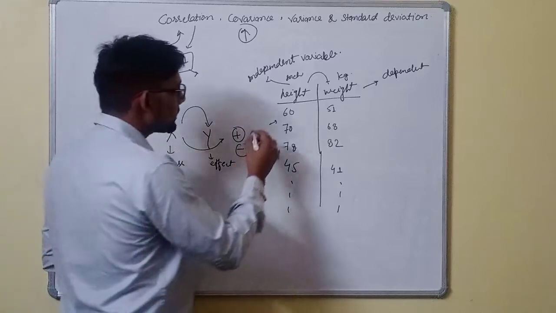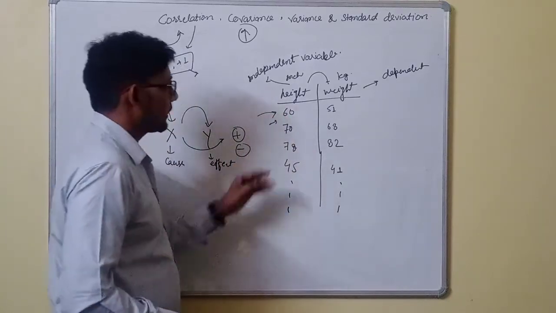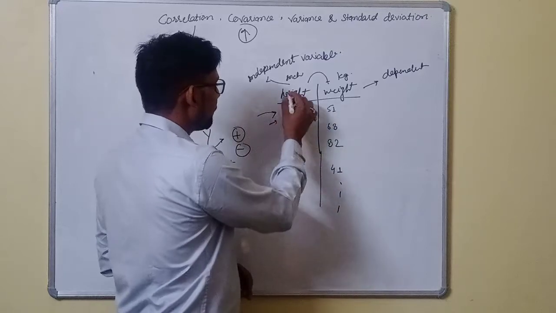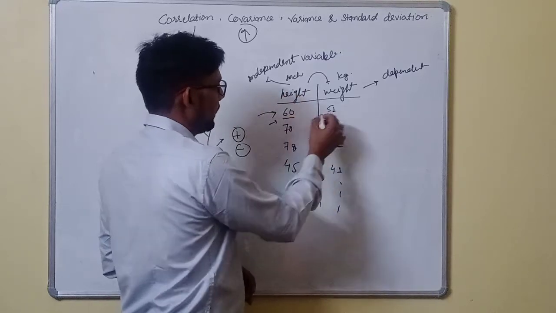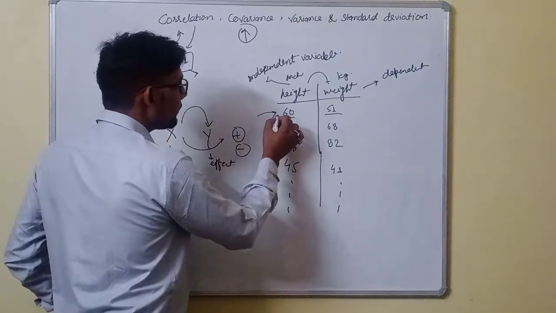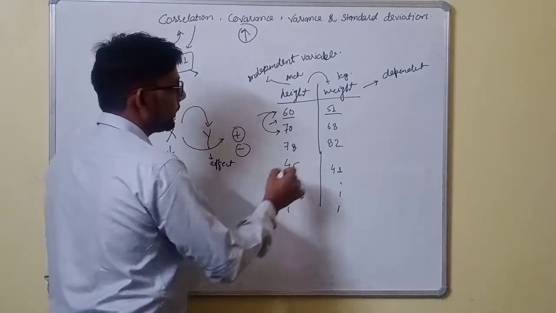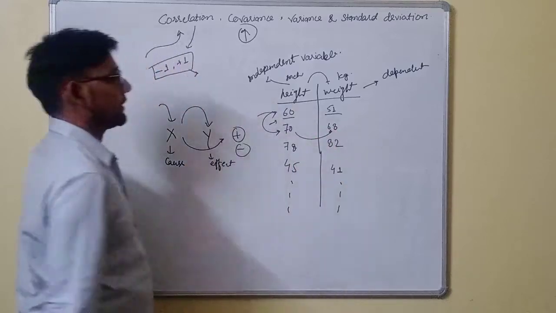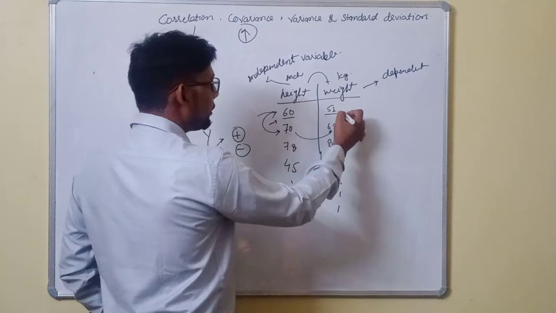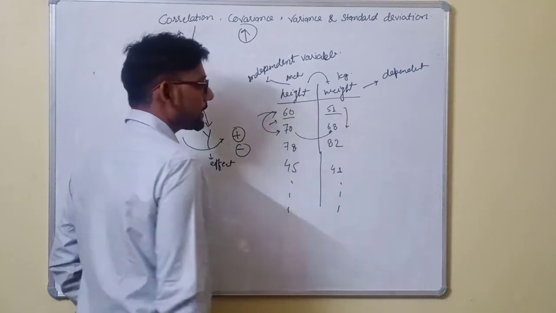So if we change the value of x, see, at the initial level the value of height is 60 and the value of weight is 51. We change the value of x from 60 to 70, we have a value 68, right? It means the value is increased from 51 to 68.